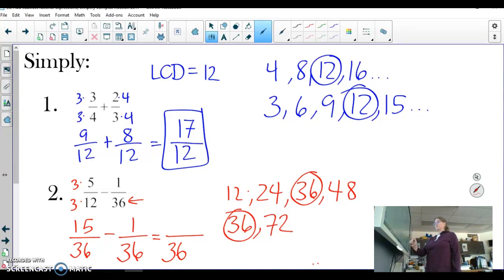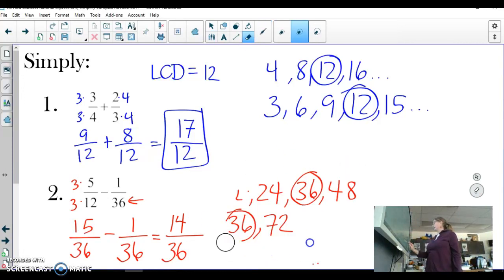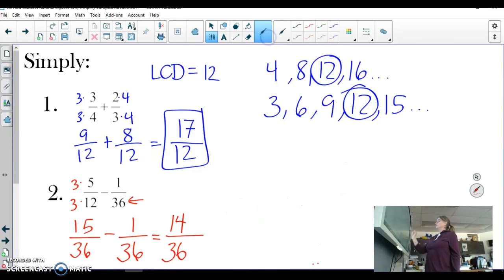And then on the top, it's 15 minus 1, so 14 over 36. However, this is not simplified because 2 goes evenly into 14, and it goes evenly into 36 18 times.